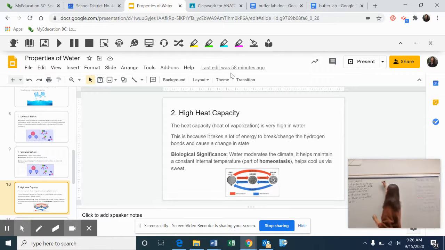Okay, second thing that's really important about water is it has a very high heat capacity. Yeah. What makes water a universal solvent?